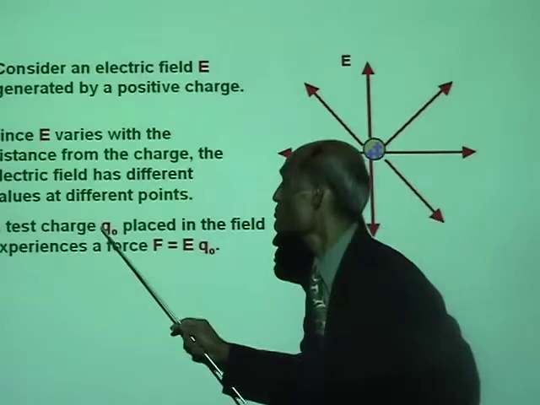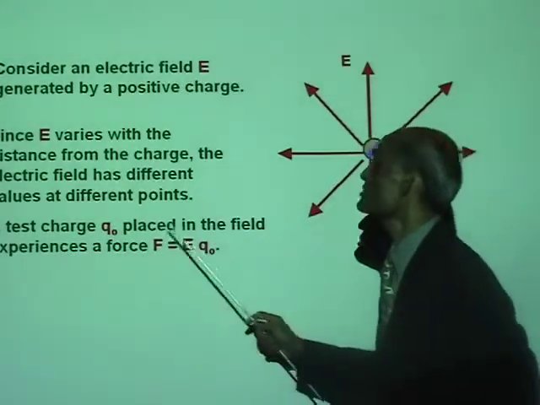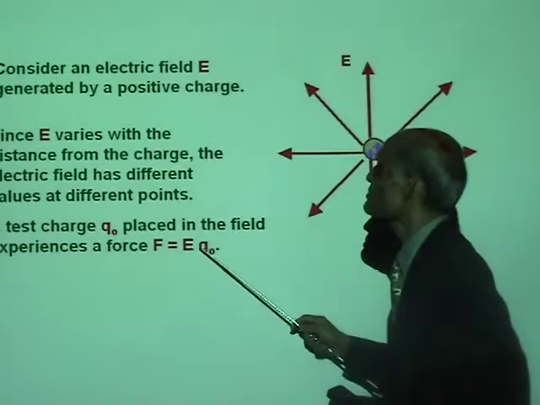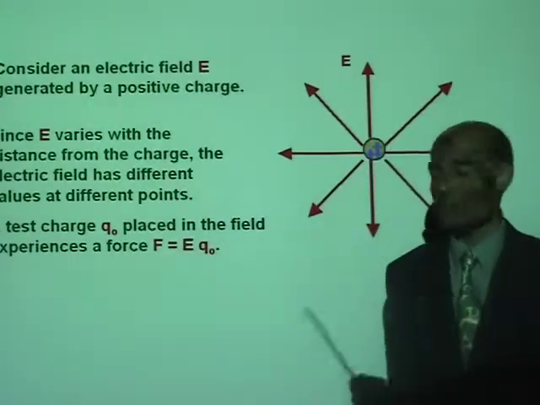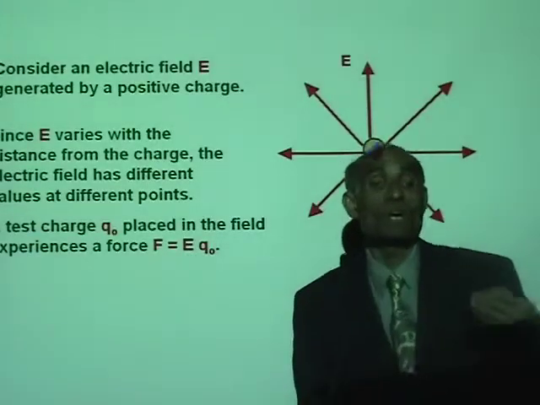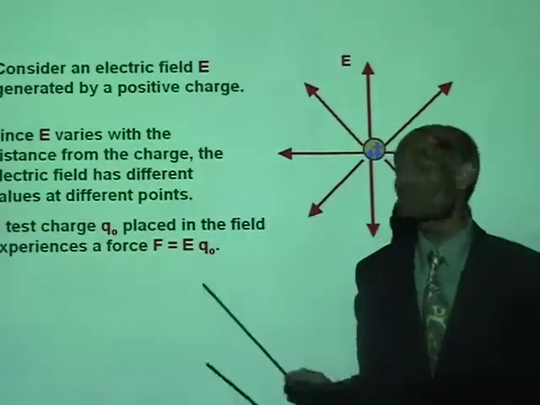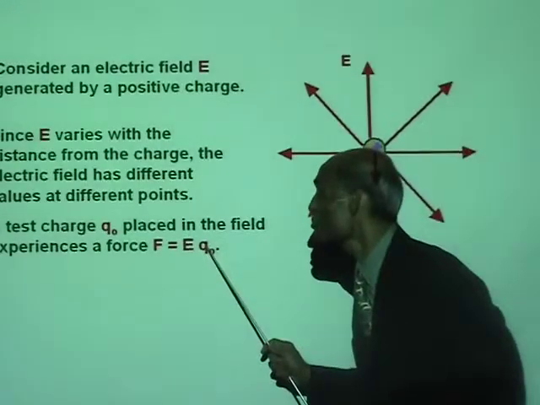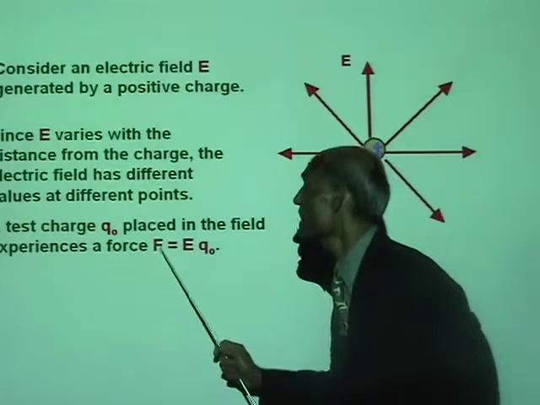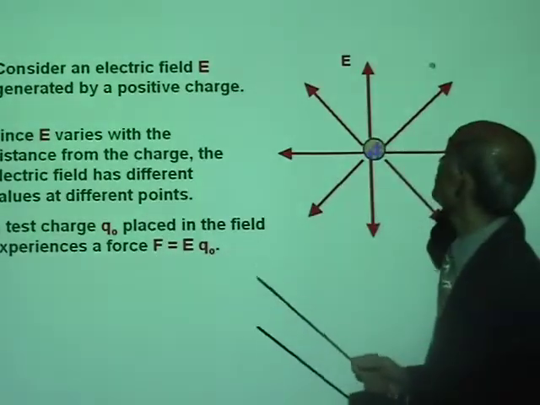A test charge Q0 placed in the field experiences the force F equal to EQ0. Is that right? Because electric field is the force per unit charge. The force experienced by a charge Q0 placed in the field E is F equal to EQ0.